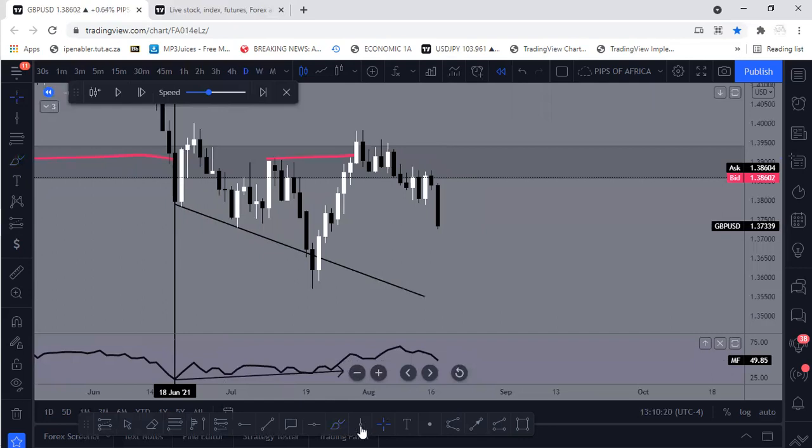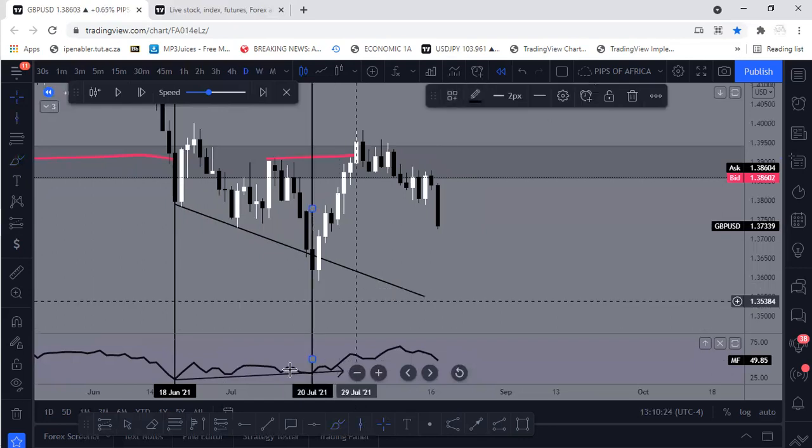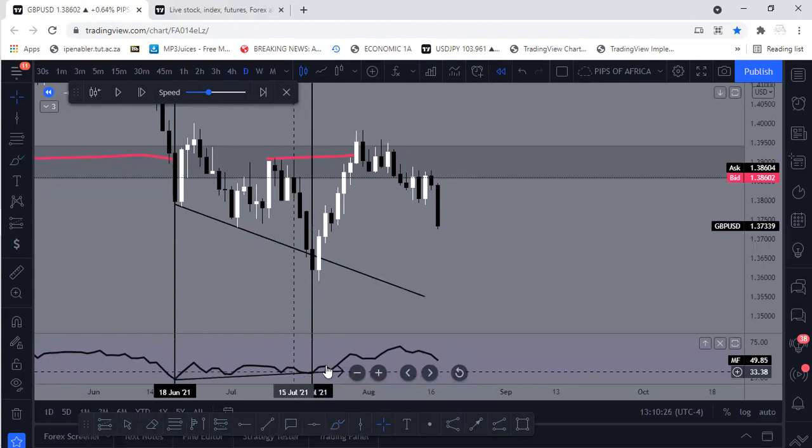Up to this low. You see, the RSI is showing us higher lows, but the price is showing us lower low, lower low, lower low. Right? Okay. You don't just buy based on RSI, but you need to see the break of market structure. You need to see an order block. You need to see the divergence between the RSI and the price. It is as simple as that.